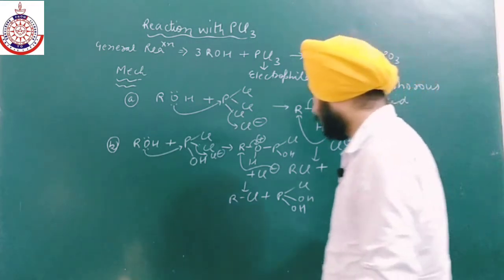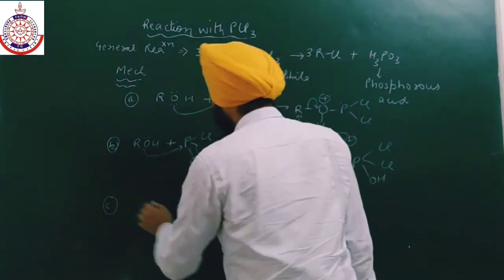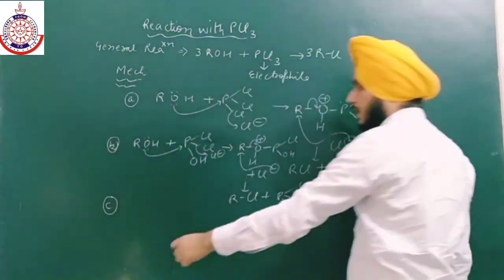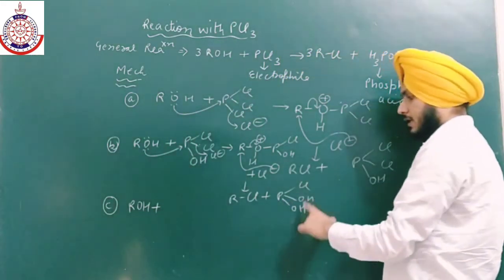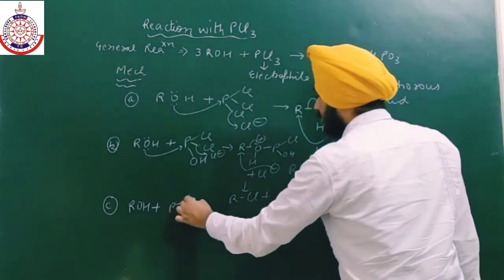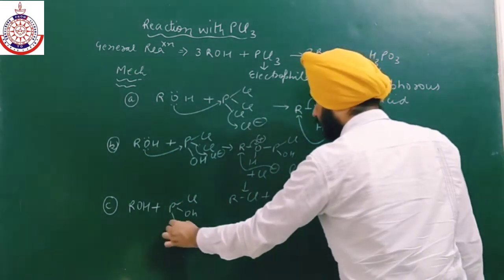Now what is the third step? Again we take the third molecule ROH, and we are left with PCl, OH and OH.